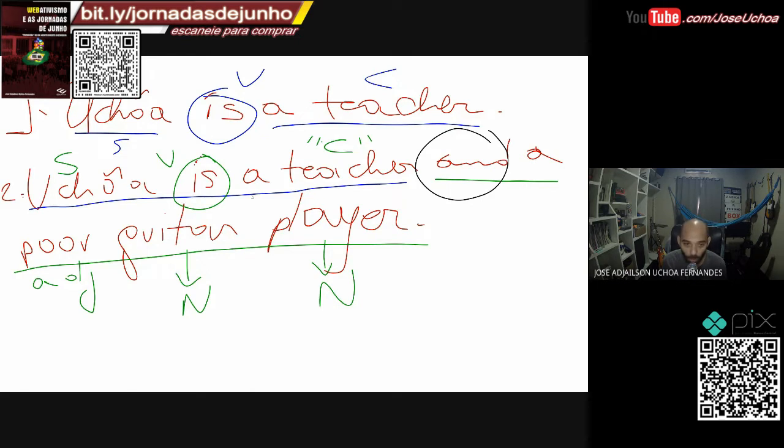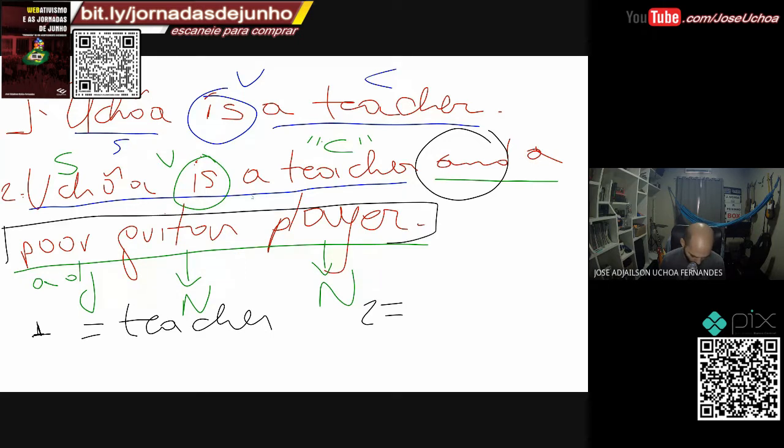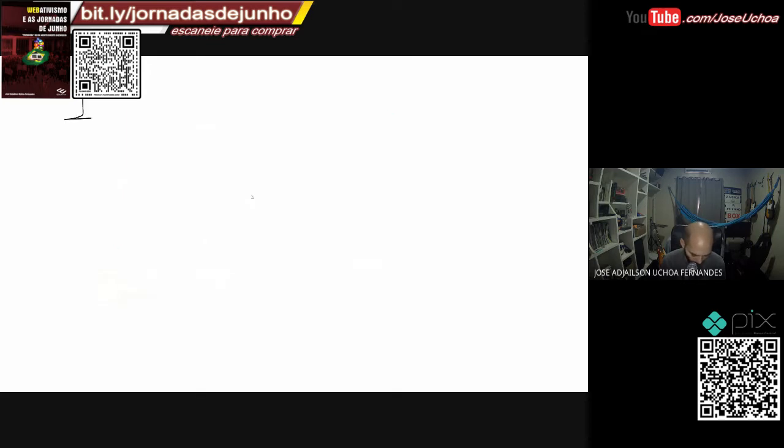In fact, what I have here is idea number one: Ushua equals teacher. And idea number two: Ushua equals a poor guitar player. And I put the two ideas together, idea one plus idea two, in a sentence.